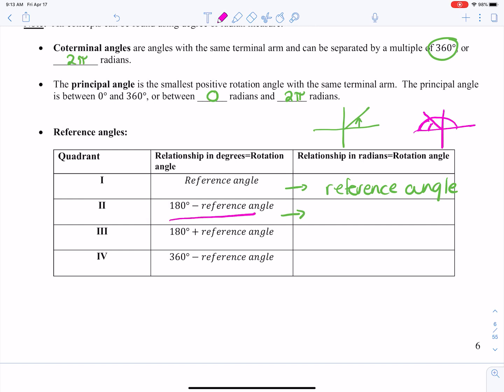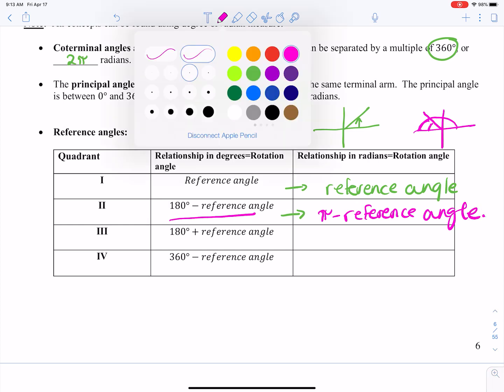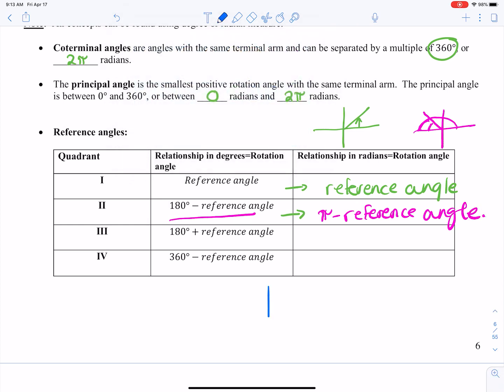So to do that in radians, we go pi minus the reference angle. And in quadrant 3, if I'm given the reference angle here, I go 180 plus the reference angle to give me the rotation angle. So that would be pi plus the reference angle.